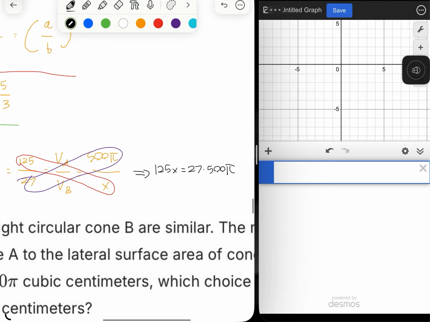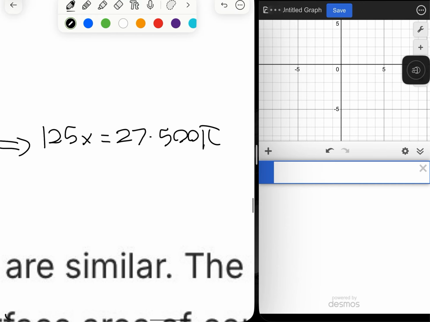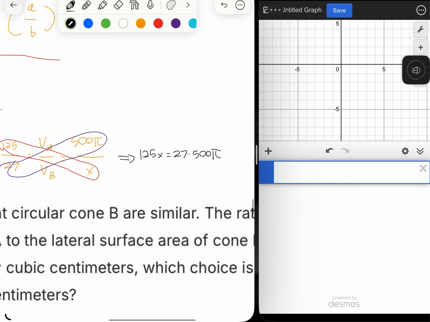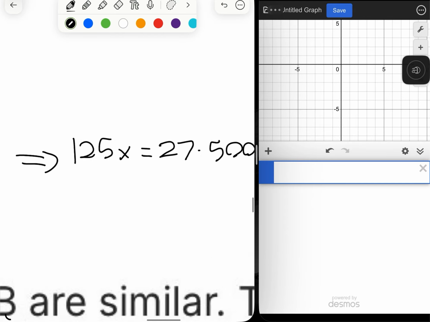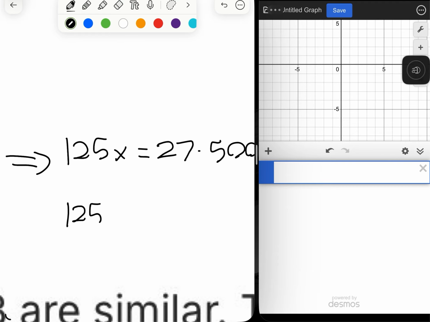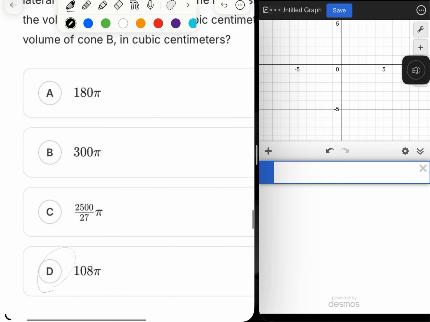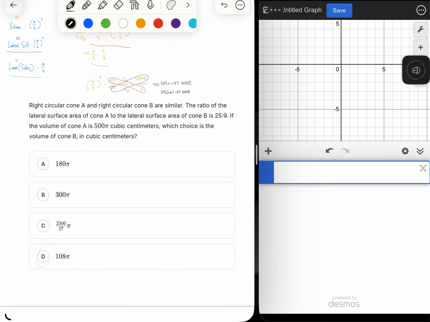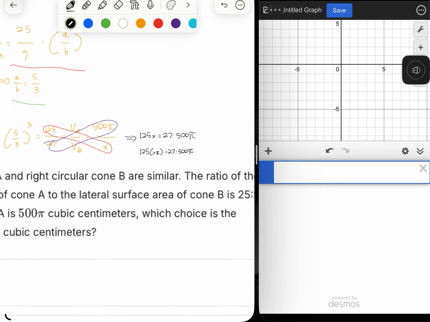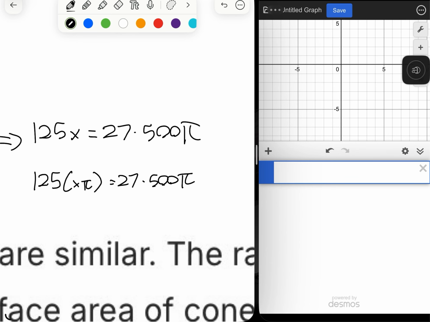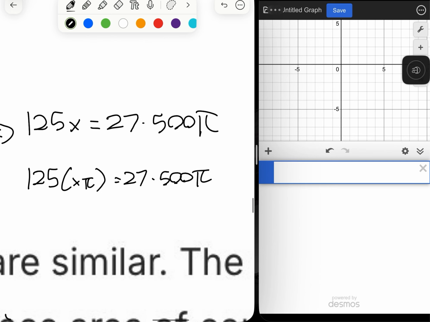Actually, what I'm going to do here is, instead of saying x, I'm going to say 125 x pi equals 27 times 500 pi. The reason is that all the units you see here are in terms of pi, so as a result, you would use pi here. And that actually makes it easier.